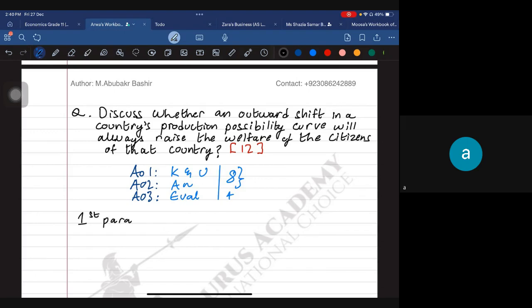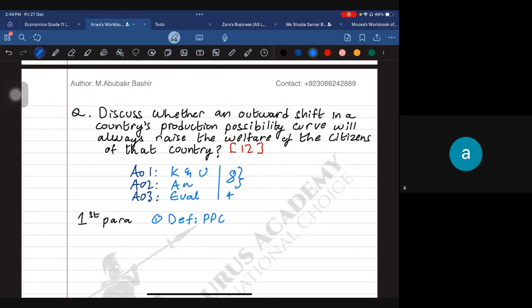And I'll try to explain a little bit how an outward shift happens in a PPC. How are you going to explain it?